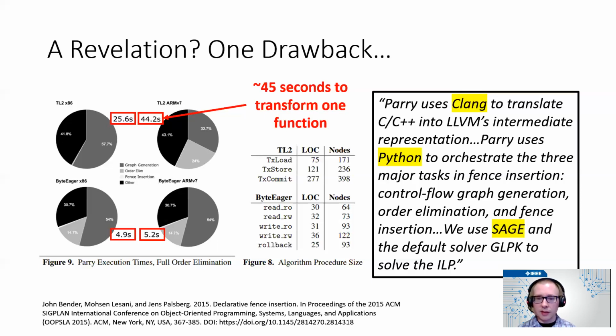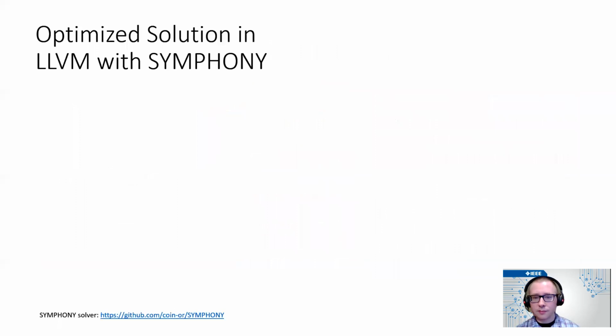So we wondered whether this algorithm could become more tractable if it were implemented entirely in C++. Now, there was only one way to find out the answer to this question, right? We had to go and actually implement it and see how long it took.